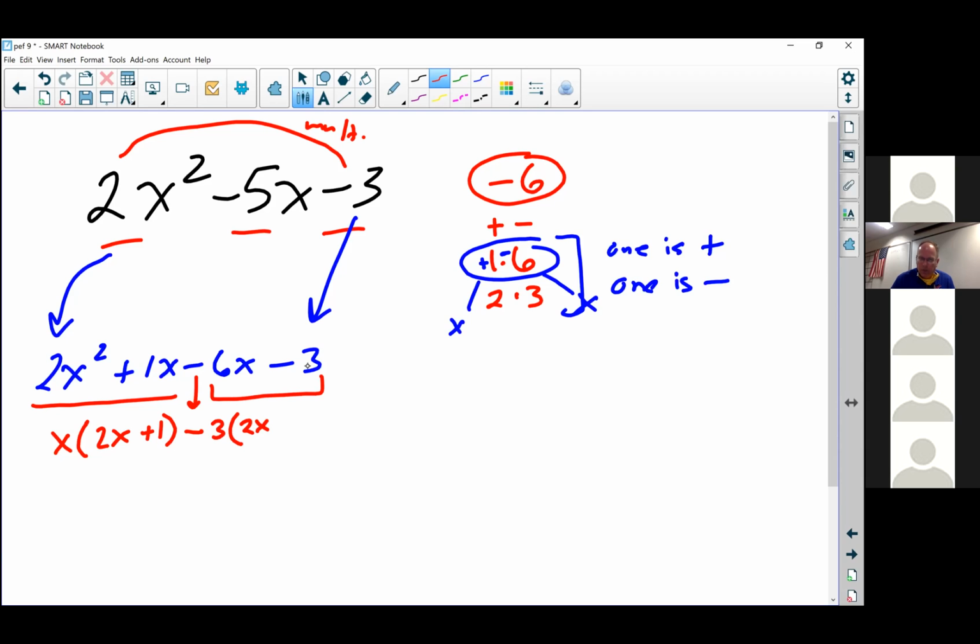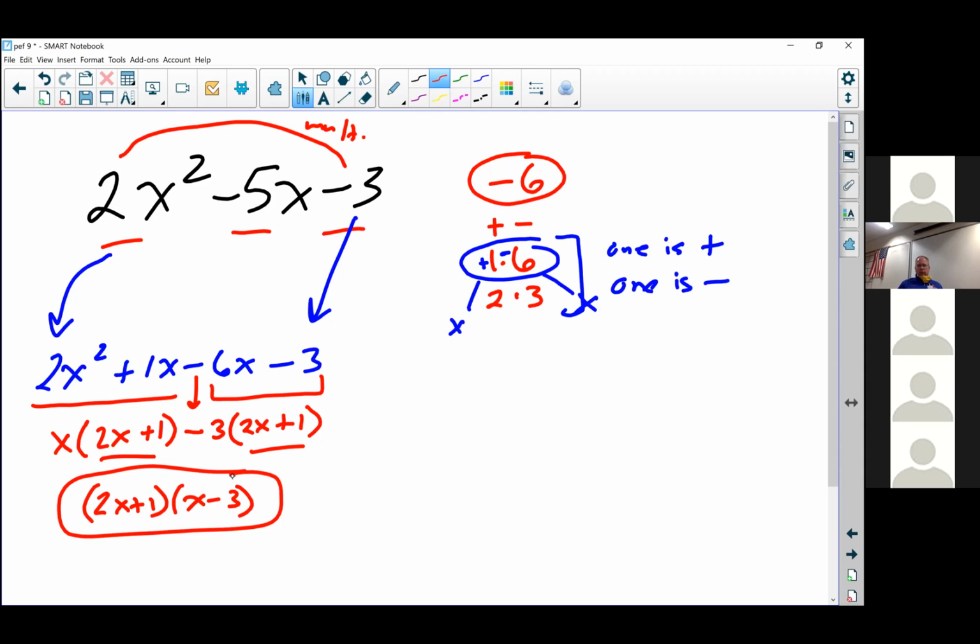If I factor a -3 out of -3, my placeholder is +1. Notice those are the same. That's what we want. If they're not the same, it's not going to factor. So then I get 2x plus 1 and x minus 3. If I multiplied that together, I double distributed or FOILed, I would get the 2x squared minus 5x minus 3.